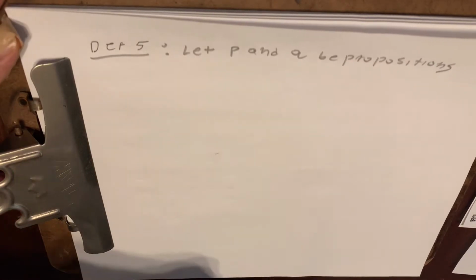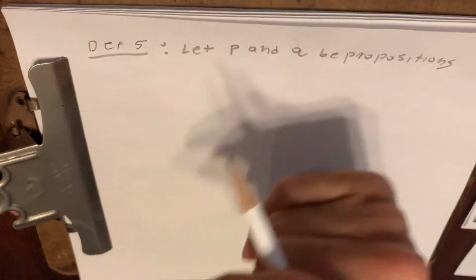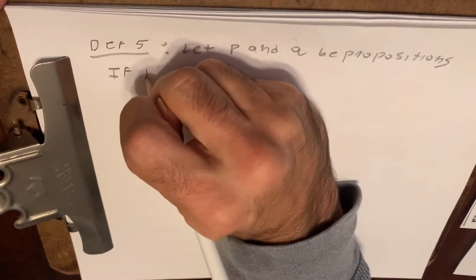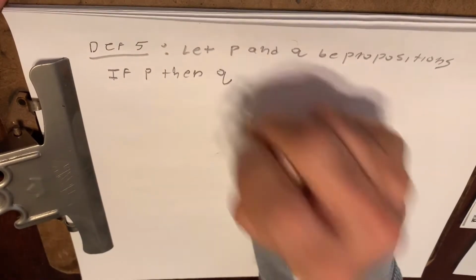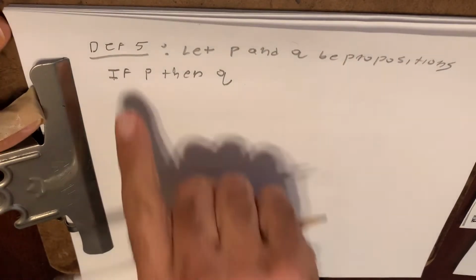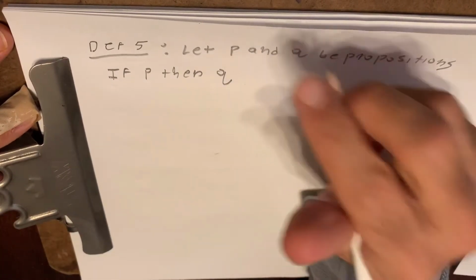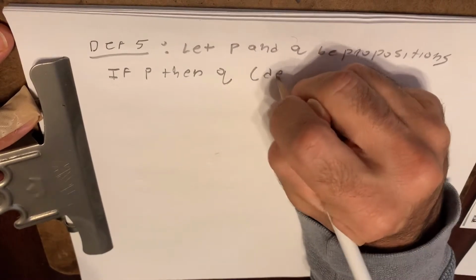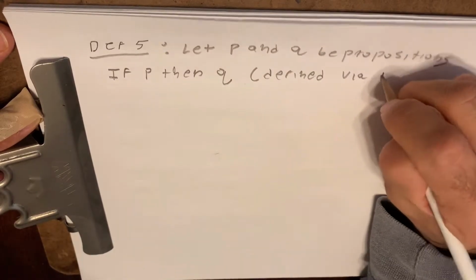So the first logical construct that I want to define is if P then Q. If P then Q. And this is defined via a truth table.